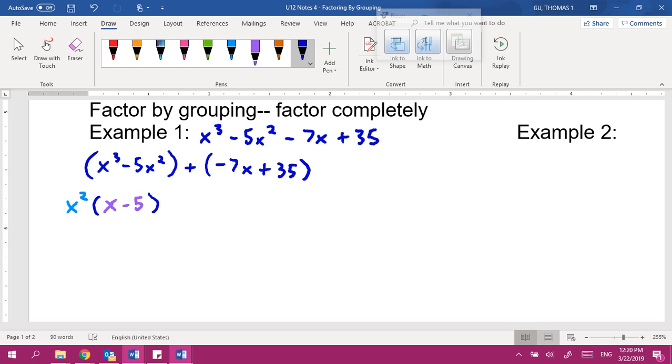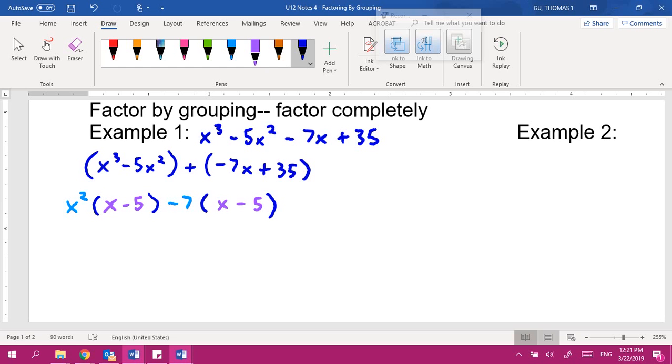Now what's the GCF in my second group? 7? Negative 7. Notice if I just factor out a 7, my parentheses are going to be different. So I factor out negative 7, what's going to be inside my parentheses? X minus 5. Because 35 divided by negative 7 is negative 5. And that's what you wanted. Right? Because the parentheses need to match up what's inside the parentheses.